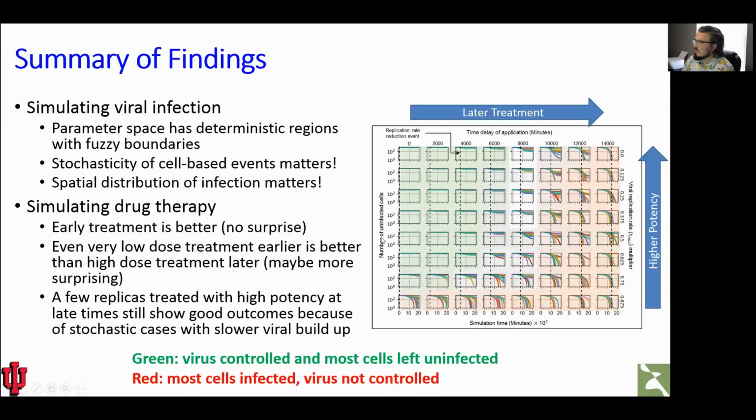This is counting the number of uninfected cells this time. You can see that there's very little change in those numbers for early therapies, whereas for late therapies, we see that the number of uninfected cells goes to 0, meaning that everything, in the very least, by the end of simulation, has been infected. And then moving from bottom to top, the bottom row is the least potent therapy, meaning that the replication rate was reduced the least in these simulations.